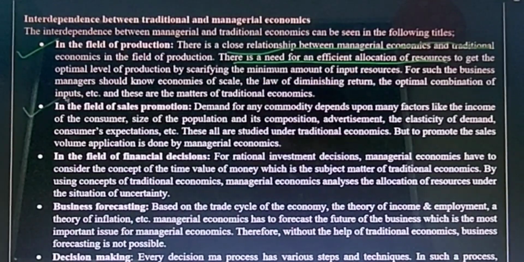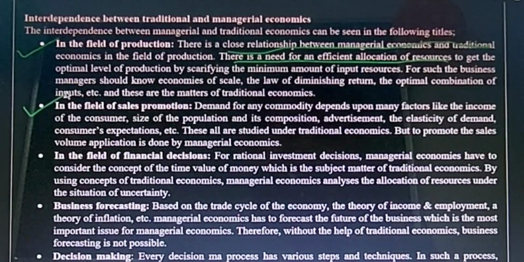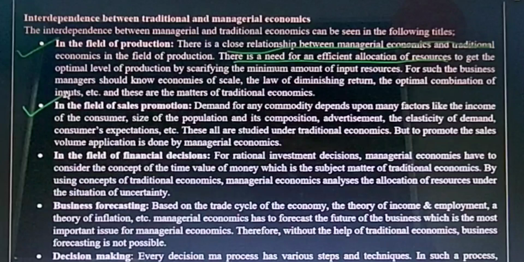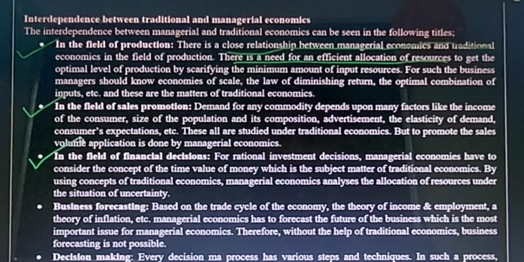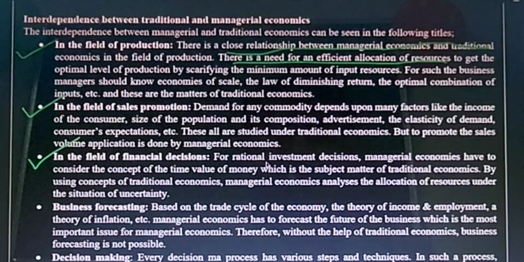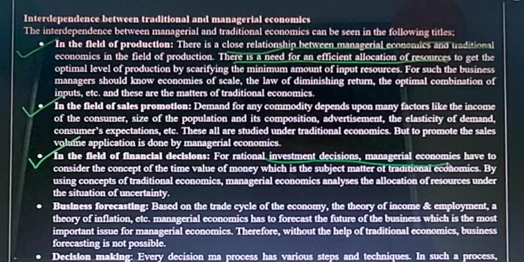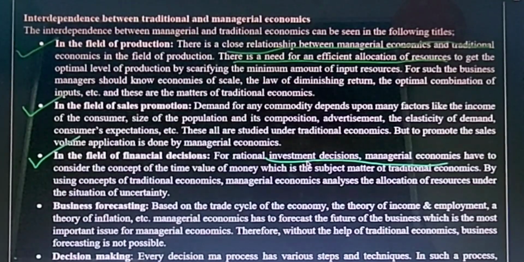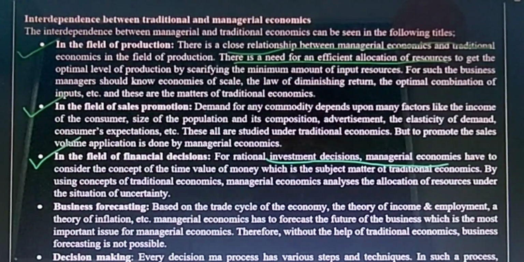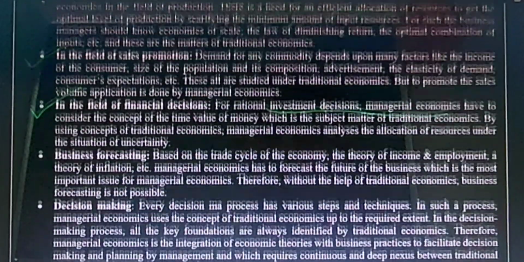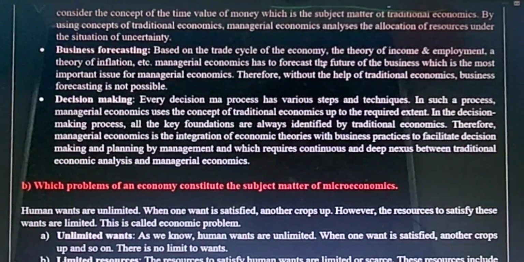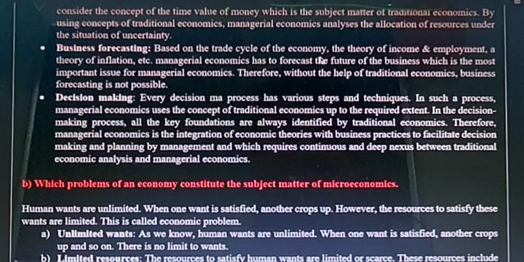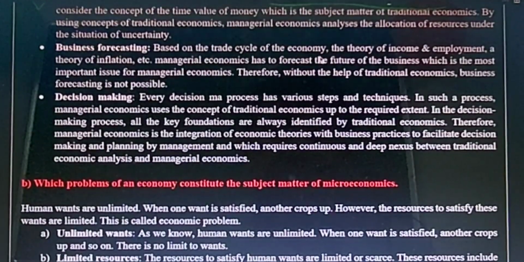Similarly, in the field of sales, or to increase the sales, we have to use both traditional and managerial economics together. Then in the field of financial decisions, while it comes to taking investing decisions or financing decisions, we need both the types of economics. Like that, when we have to forecast our future business activities, that involves a lot of cycles in the economy, like recession, boom, inflation, deflation.